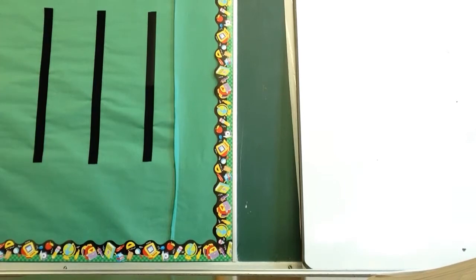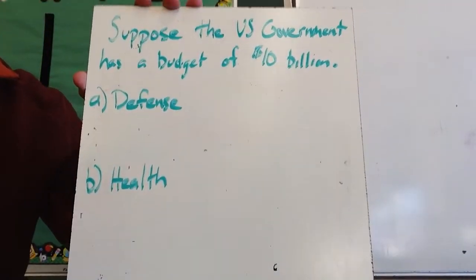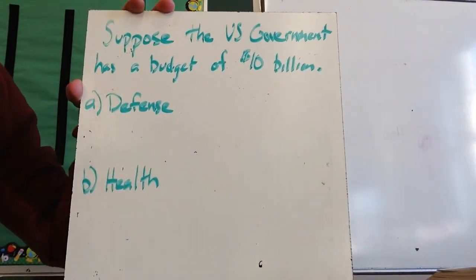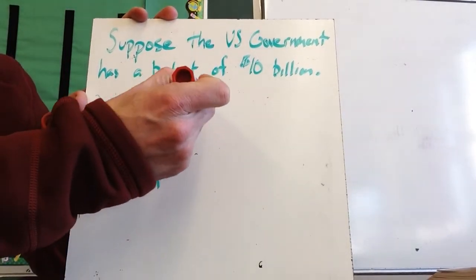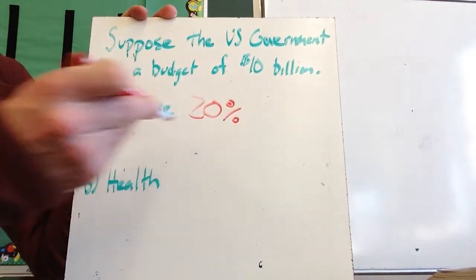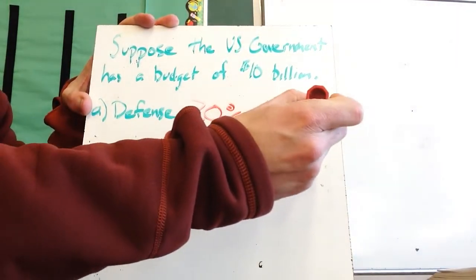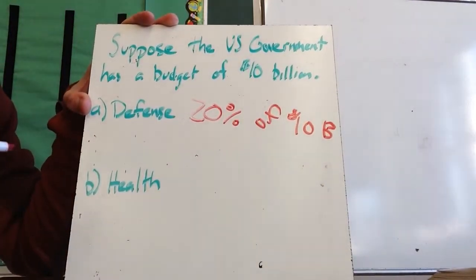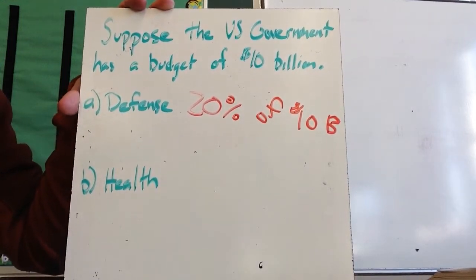Keeping that chart in mind, suppose for a moment that the U.S. government budget was $10 billion. How much money are they spending on defense? If you remember from the chart, defense was 20%. So I need to find out what is 20% of 10 billion. I take 0.2 times 10 billion, which is one way to type it into the calculator.